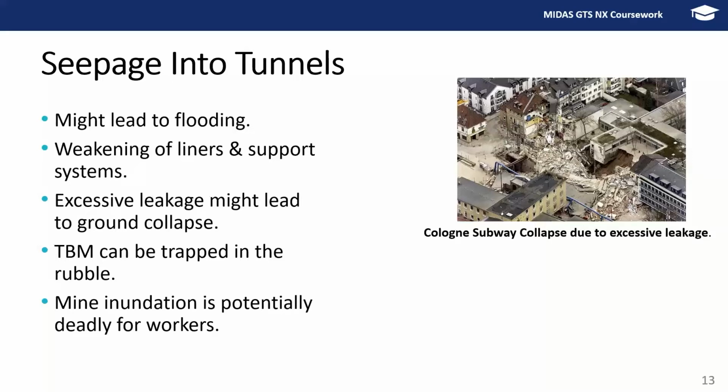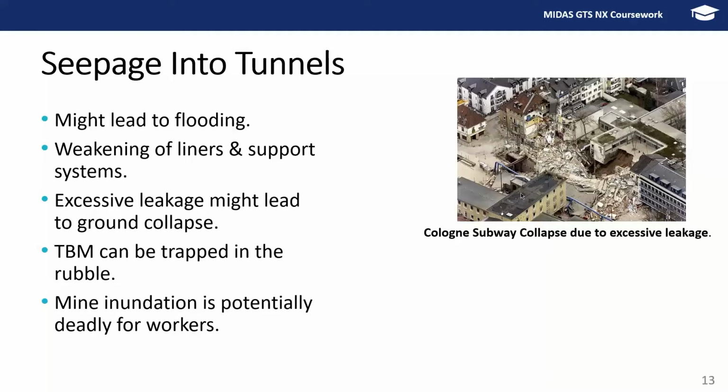And excessive leakage will lead to ground subsidence, which is exactly what happened here in Cologne, Germany, when they were building the subway lines and they were dewatering. So unfortunately, they had two pumps. One of the pumps failed, and when one of the pumps failed, the other pump started slowly taking load until it got overloaded and overheated, and that's when the entire water rushed in and the diaphragm wall failed, and that is what led to this unfortunate incident.